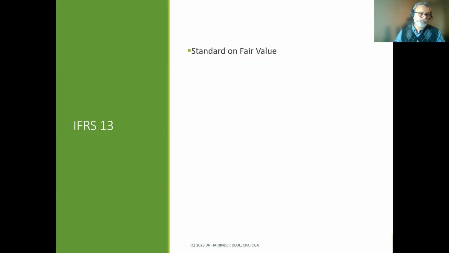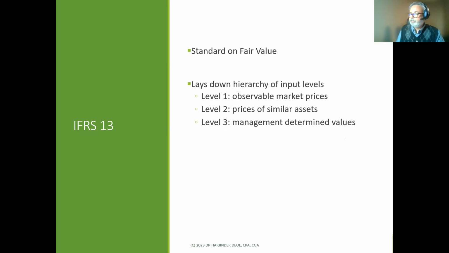That kind of a drop, right? That's not normal. So when you have that kind of a situation, or you have assets for which nobody's looking to buy, suddenly the market has disappeared. Well, then we needed some additional guidance as to how fair value should be determined.